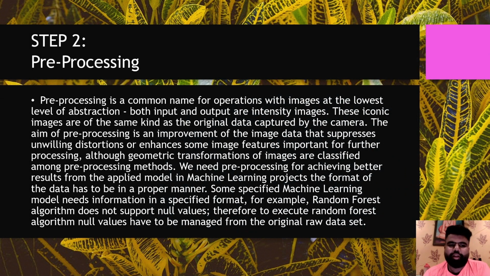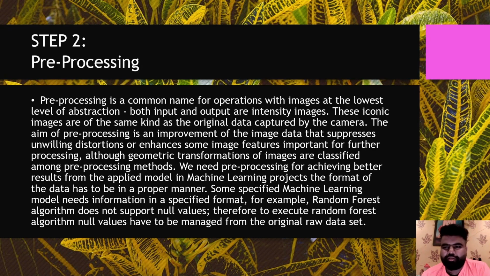So the next step is our image pre-processing. First of all, I will tell you what pre-processing is. Pre-processing is an important step in image processing and analysis. It involves preparing that image for further analysis by enhancing the quality and removing any noise or distortion from the image.